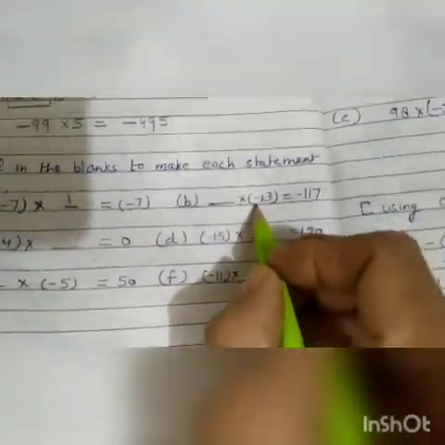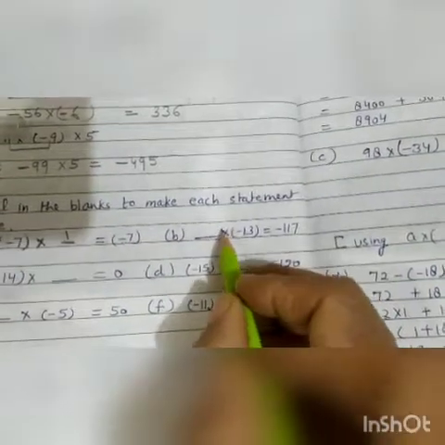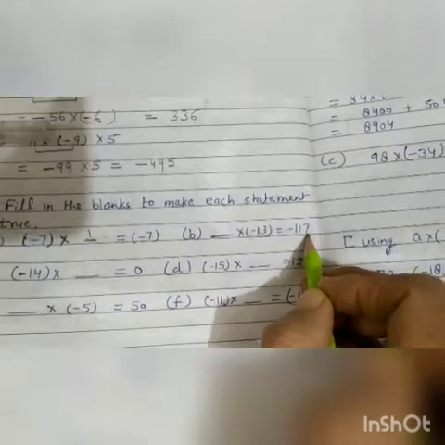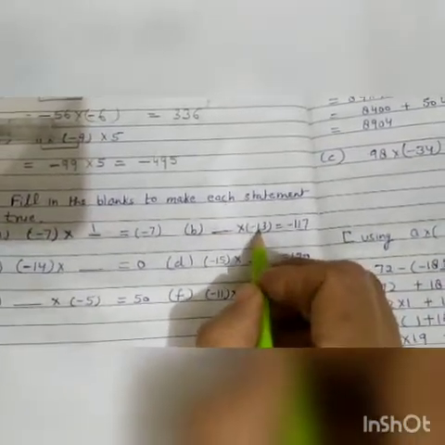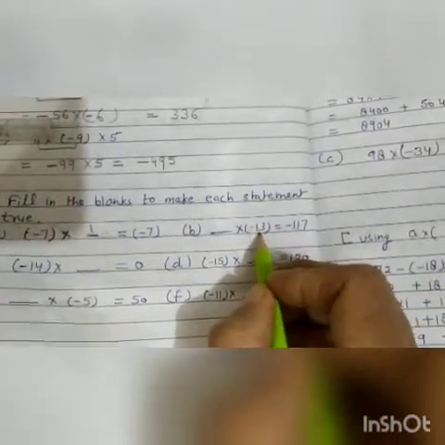7 times 1 is 7, which means when we multiply minus 7 by 1, we get minus 7. Come to B part. Here it is fill in the blank. Blank multiplied by minus 13 equals minus 117. Students, by which number should we multiply this minus 13? So here we will divide minus 117 by 13.